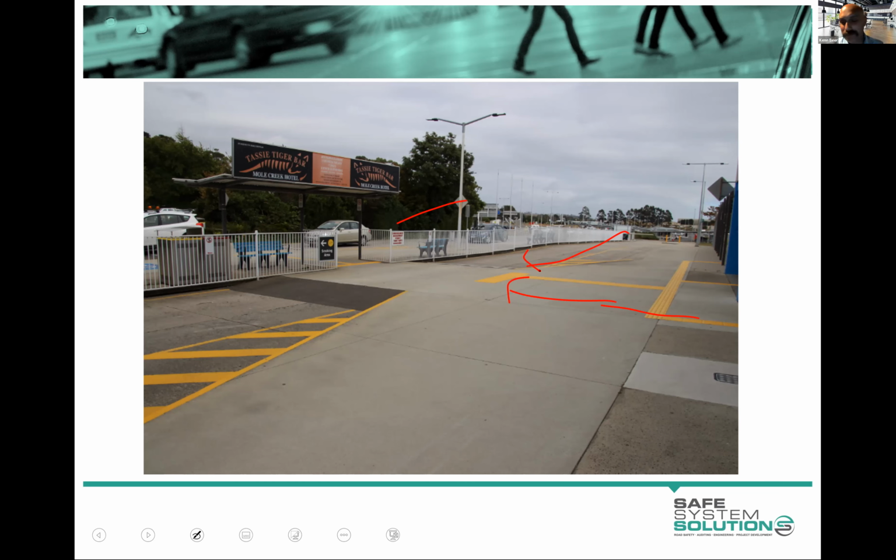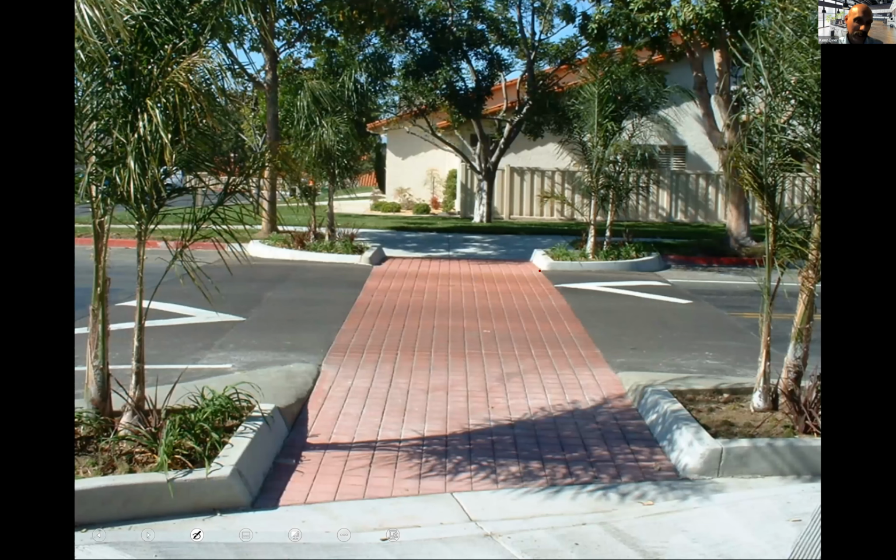I think you're getting the picture on clearness of priority being a really important thing. So in areas where you're trying to encourage pedestrians to cross at a location, doing it through measures that may confuse their priorities is not a great way to do it.